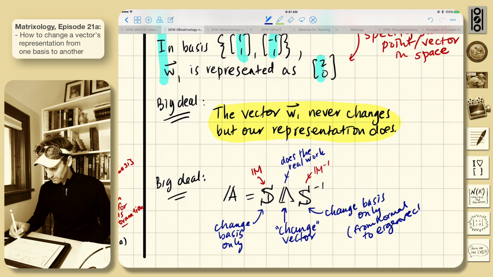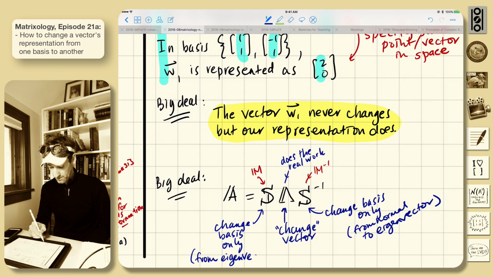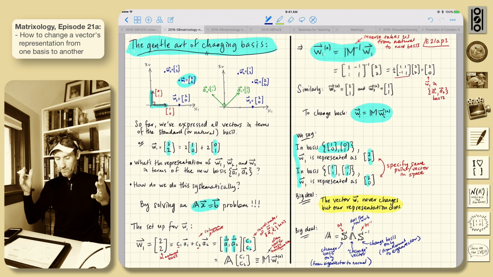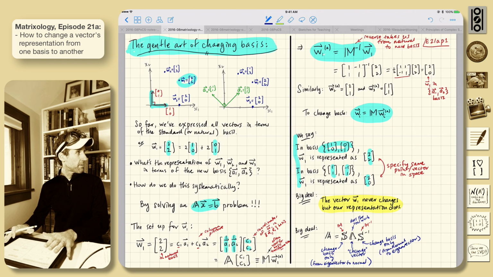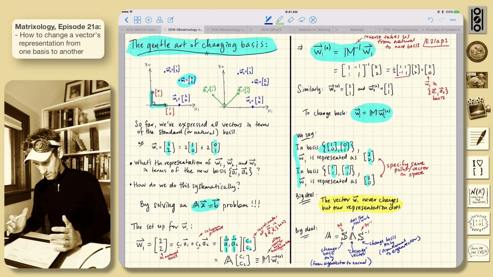So we're multiplying a vector x, which changes its representation, and then once we've done the work here, we can change the basis back, from eigenvector basis to normal. It's easy to get this back to front, but work through this and you should be able to see how things make sense. All right, basis transformation, big deal.